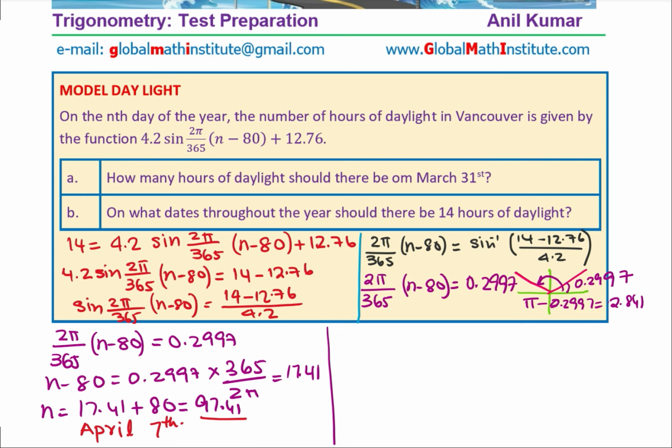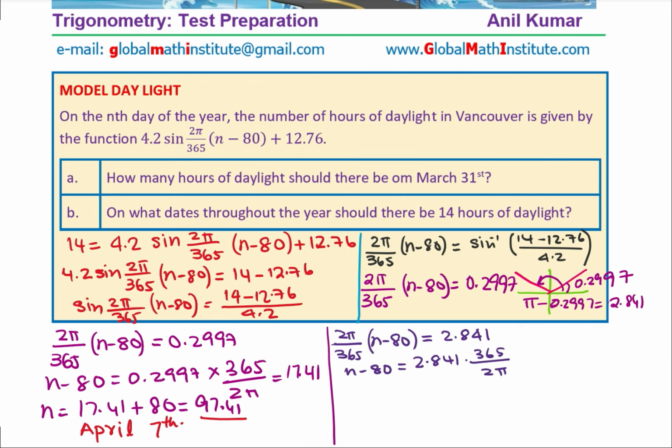I would like you to now pause the video and do this calculation. So once again, 2 pi by 365 times (n minus 80). This time it is equal to 2.841, right? So n minus 80 is equal to 2.841 times 365 divided by 2 pi.